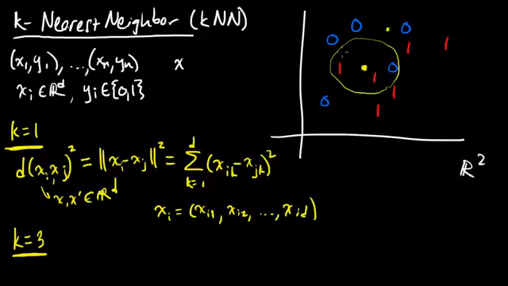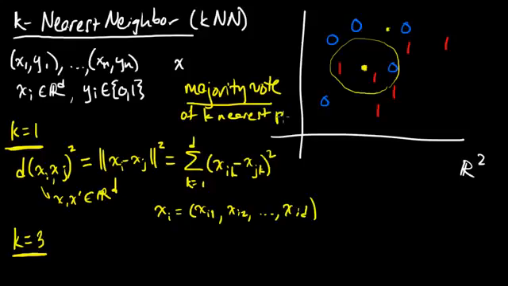So take the smallest closed ball that contains 3 or more points, and then, since k-nearest neighbor takes the majority vote of the k nearest points, in this case we would classify this as a 1.